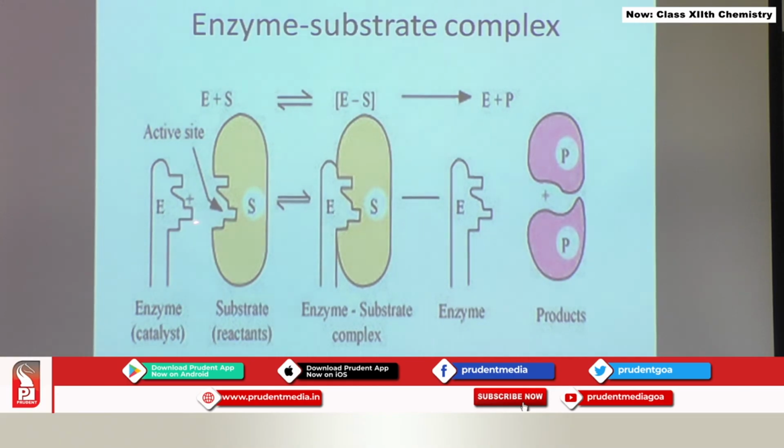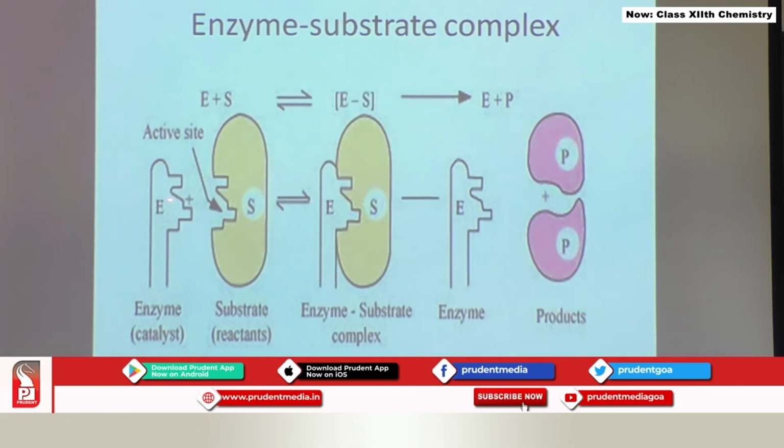There is a lock and key mechanism or lock and key hypothesis which explains the formation of product by enzyme catalyzed reaction. See, you have an enzyme here. That enzyme has an active site, and that active site of the enzyme can easily fit into the shape of the substrate.